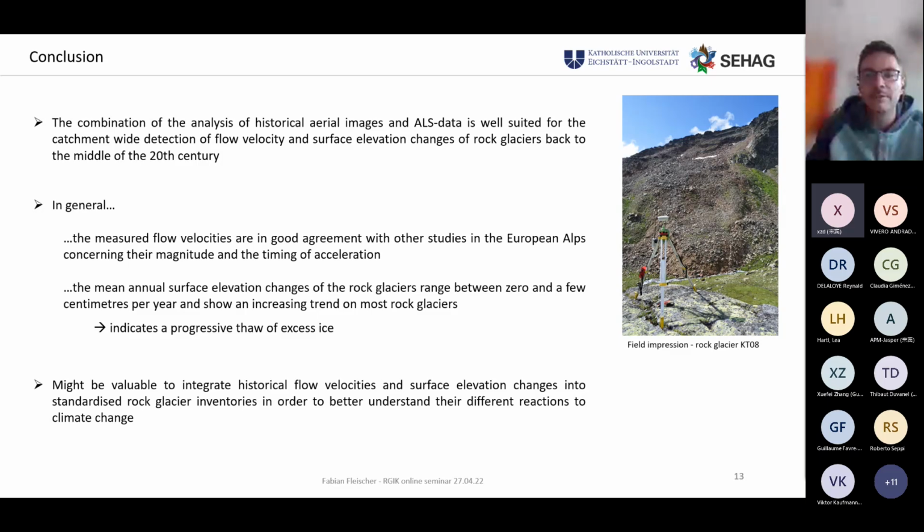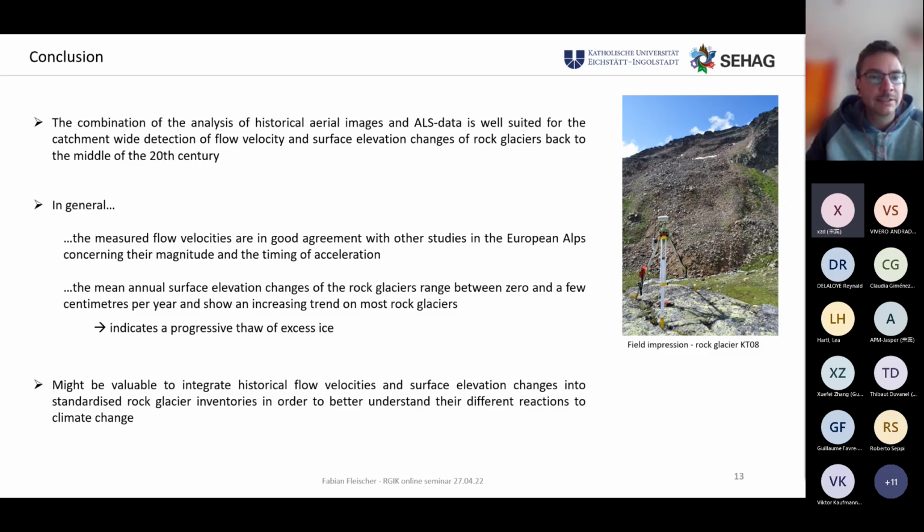The mean annual surface elevation changes of the rock glaciers range between 0 and a few centimeters per year and show an increasing trend on most of the studied rock glaciers. And this, as we discussed before, indicates a progressive thaw of excess ice.